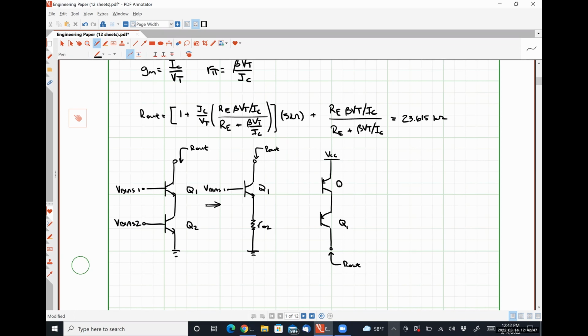Here's Q1, here's Q2, V bias 2, V bias 1, like so.